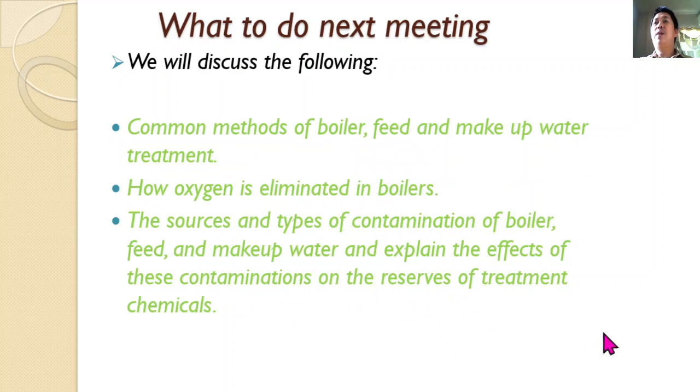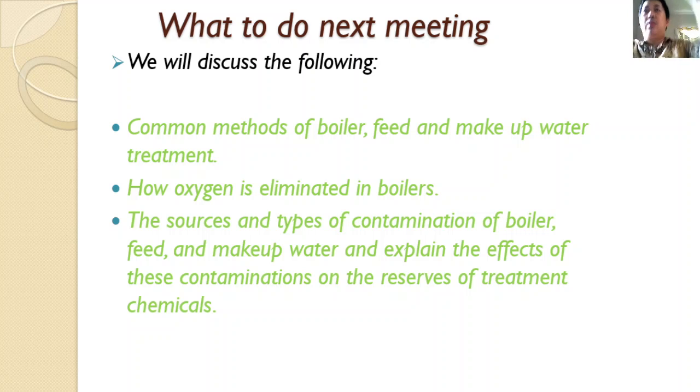So our activity for the next meeting, what to do next meeting: before that, we will have a short quiz on this given discussion, and we will have a random oral recitation.